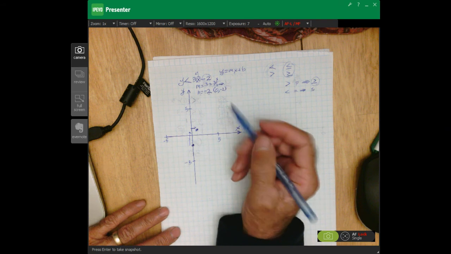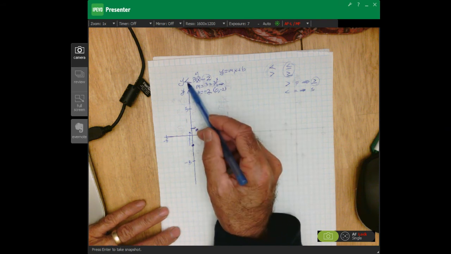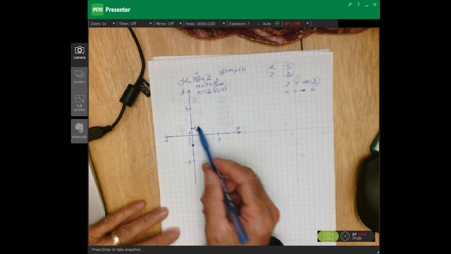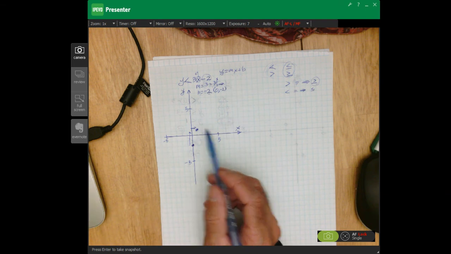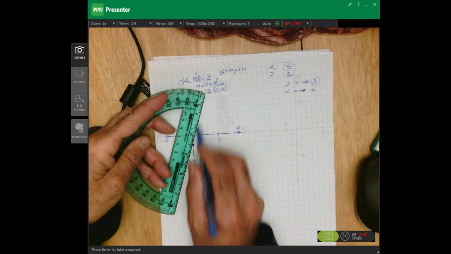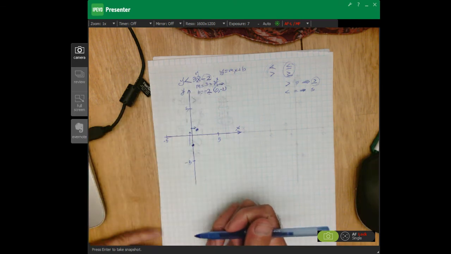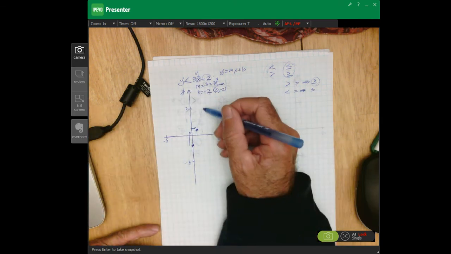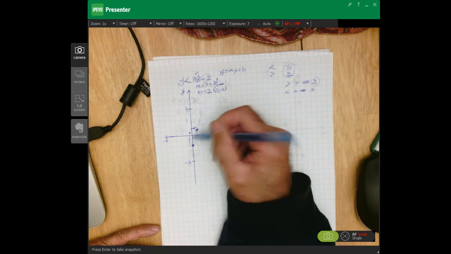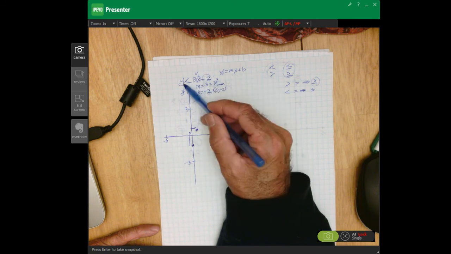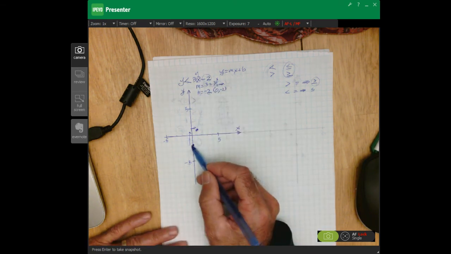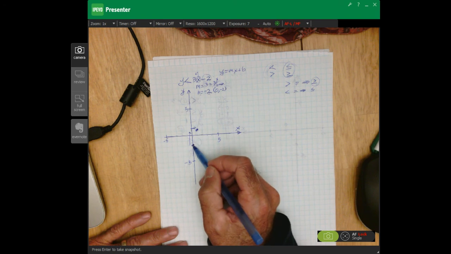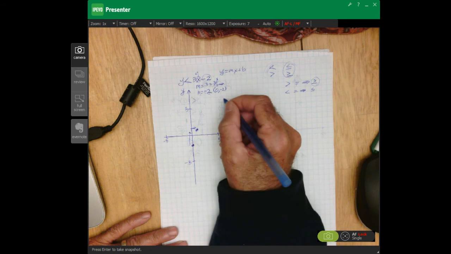Now we have to be a little careful here because if we draw a solid line through these 2 points, then every point on this line should satisfy that. But if we test these points right here, we can see that's not true. So for instance, let's just take the first one, (0, -2).